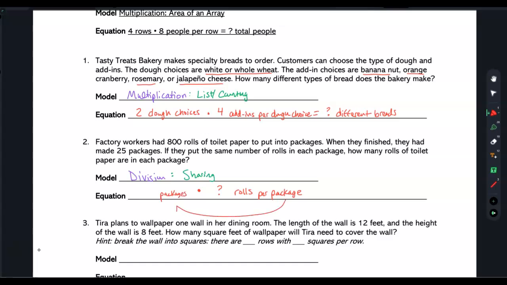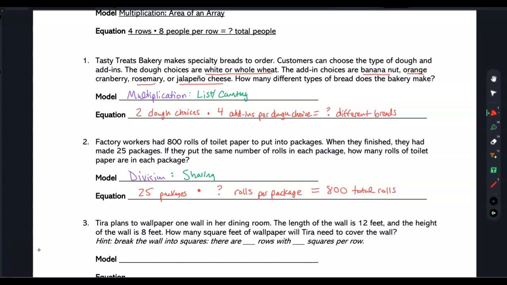And again, I'm just using the fact that the units always match. The first units match what comes after the word per, and what comes before the word per would go on my total, every single time. So in this case, I know that there are 25 packages and I know that there are 800 total rolls.